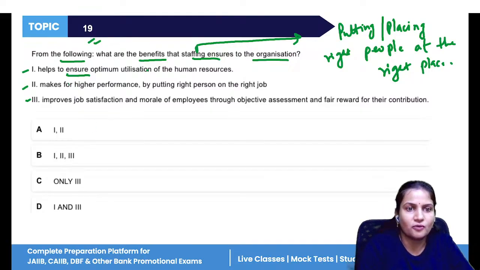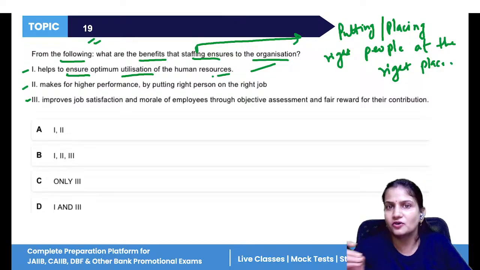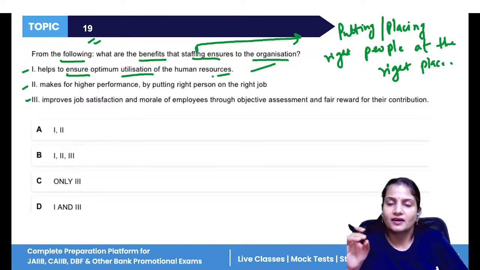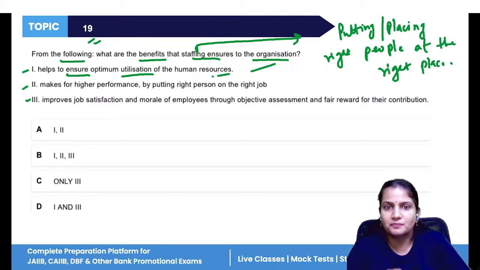It helps to ensure optimum utilization of human resources. Yes, how the human resources can be optimally used. Because ultimately, humans are the ones creating profit for your company, working day and night and making good output so that you can achieve your targets and your organizational goals.